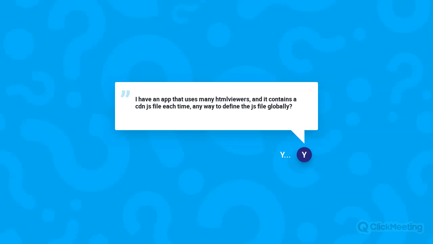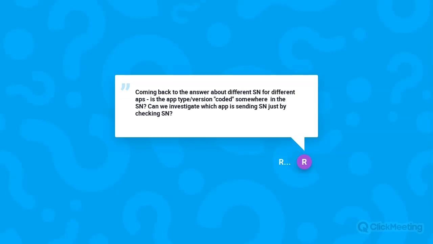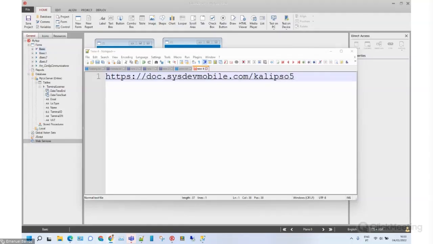The last two questions I believe are about what we talked about. Coming back to the answer about different serial numbers for different apps, is the app type or version coded somewhere in the serial number? Can we investigate which app is sending the serial number just by checking? No, it isn't. No, you can't.